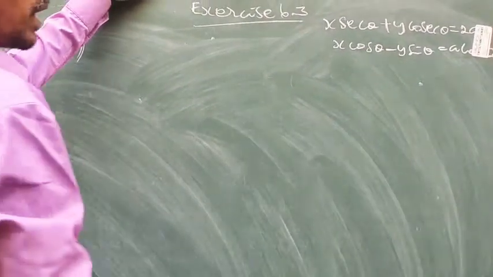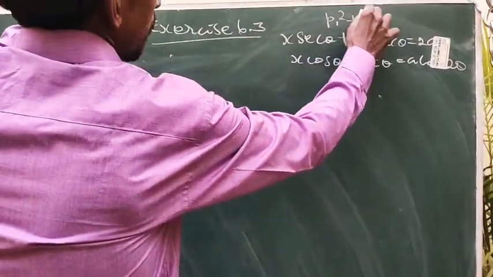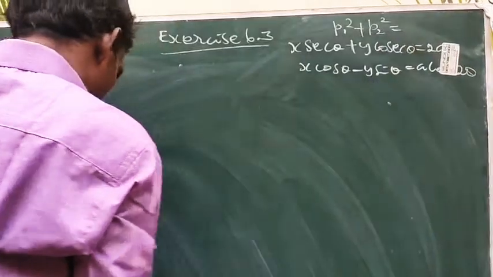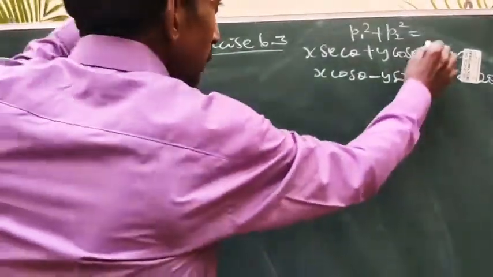Prove that p1 square plus p2 square equal to a square.